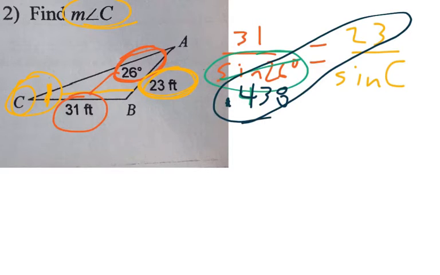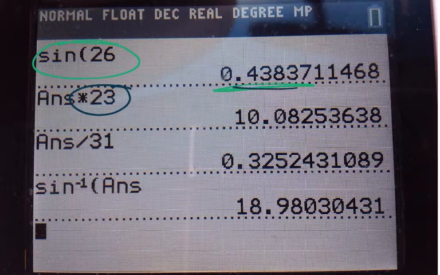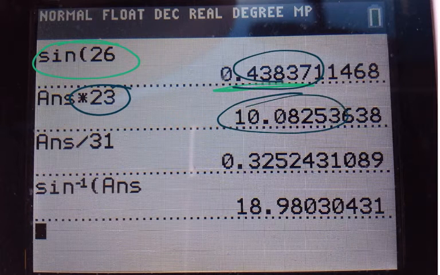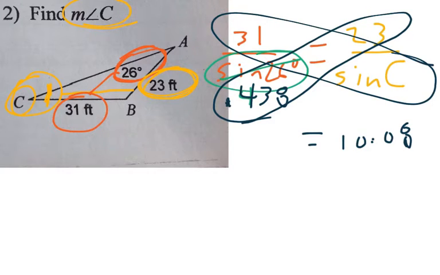We're going to take 23 times 0.438, which is 10.08. So we have 10.08 equal to, cross multiplying this way, 31 times the sine of C.